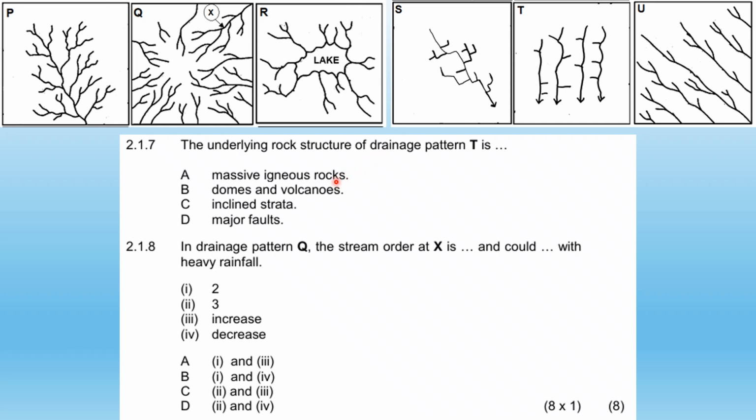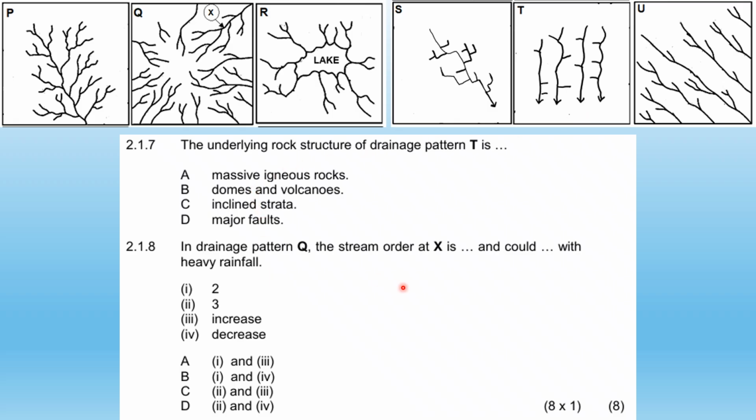Massive igneous rocks will often produce the dendritic. Domes and volcanoes, which are central high points, will produce Q. And in this case, the best option would be option C, inclined strata, which produced the trellis, which means that the area in between each of the streams would be the land that has been tilted, wherein your rivers would then flow in the valleys between the folded or the inclined strata.